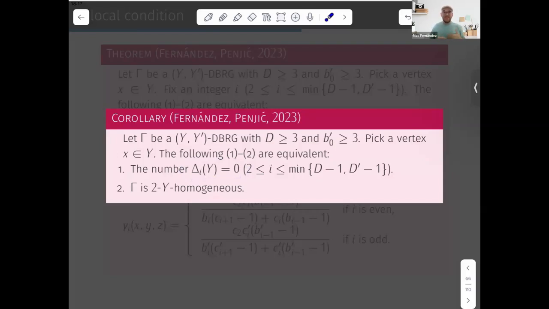If there exists an i for which this delta_i is non-zero, of course, the graph doesn't have the desired property.